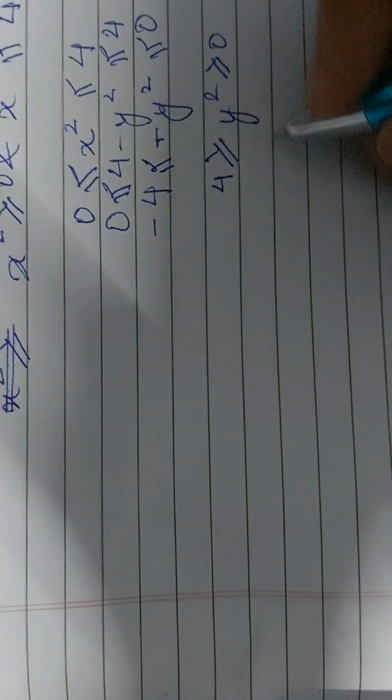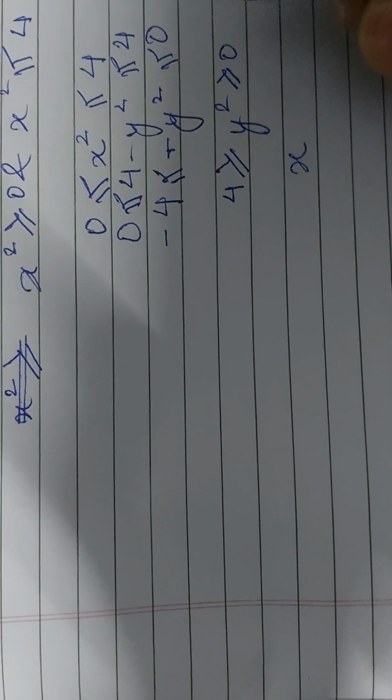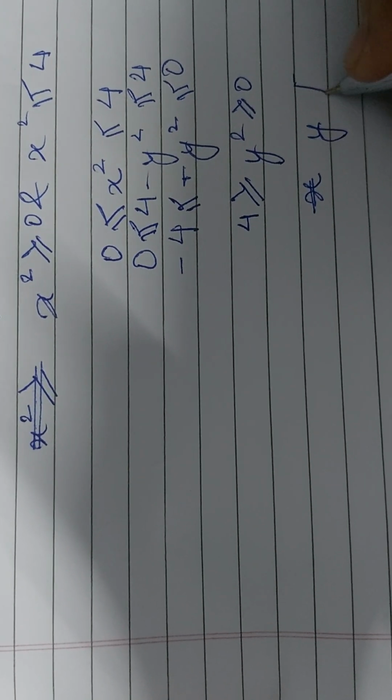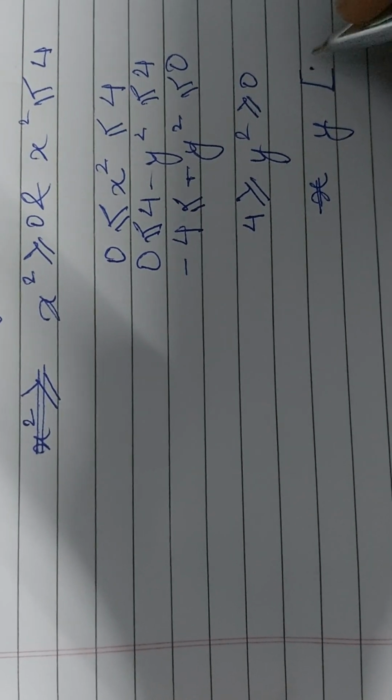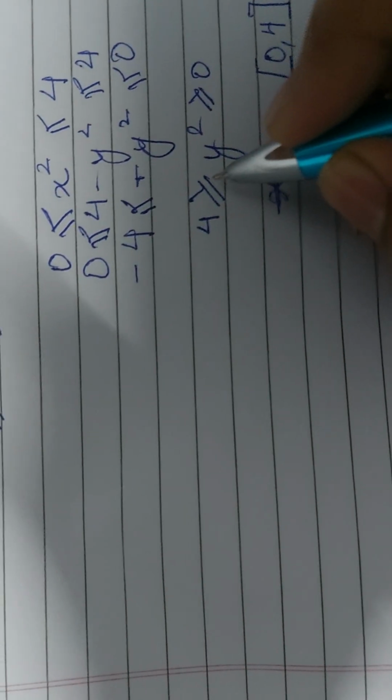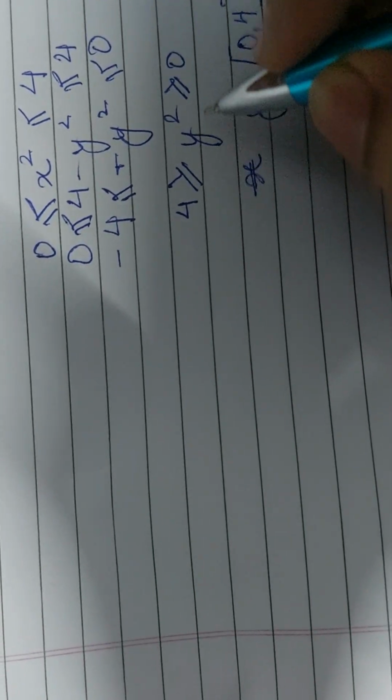Therefore y lies between 0 and 4, with square brackets because 0 and 4 are included in the answer, because the condition is greater than or equal to 0.